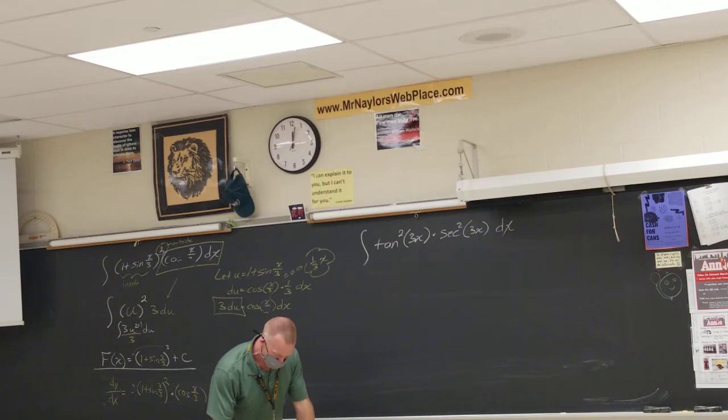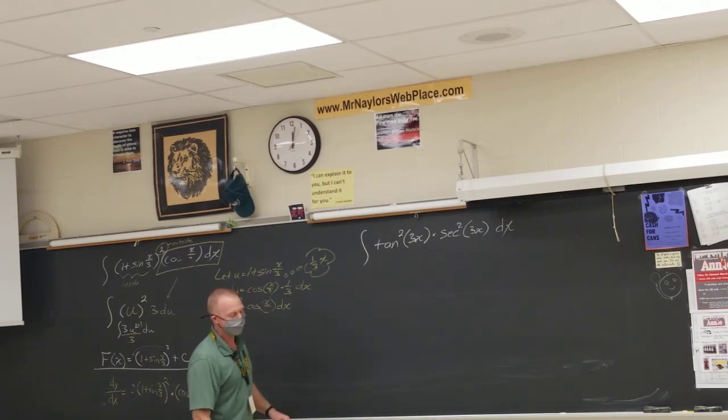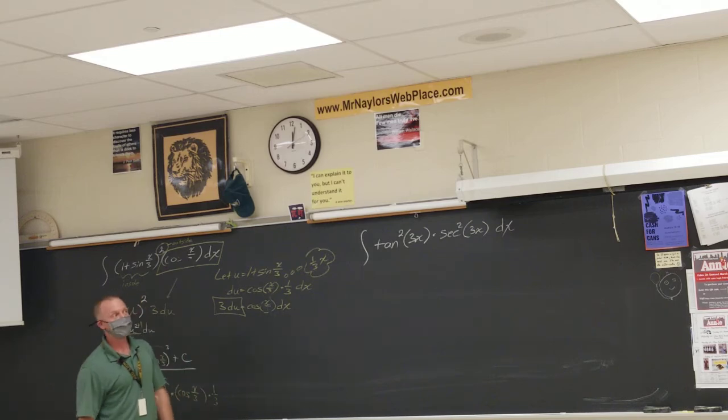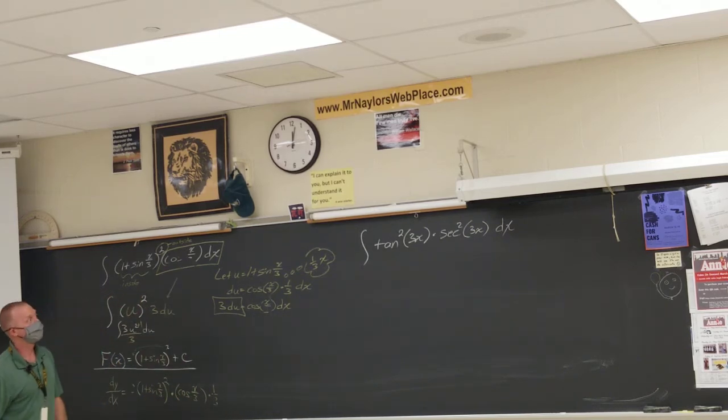Maybe you would like to have a different problem, but I just know that if you actually sit down and start thinking about this, you'll be able to figure some things out. So instead of just listening to me, can you integrate tangent squared of 3x times secant squared of 3x?